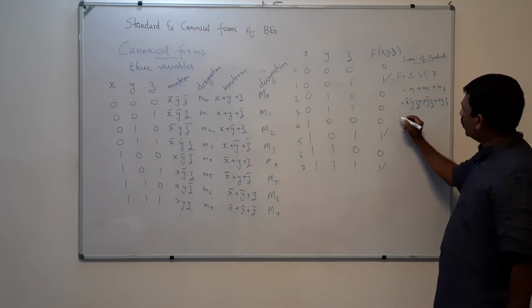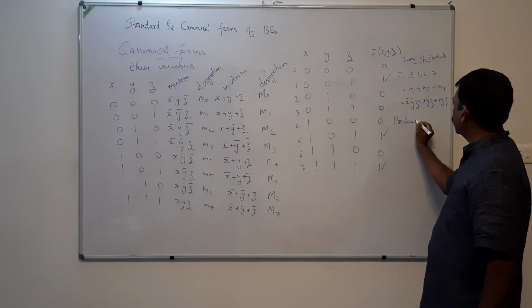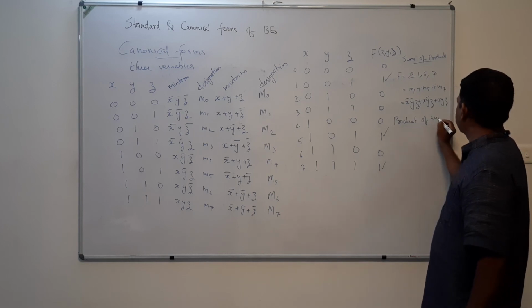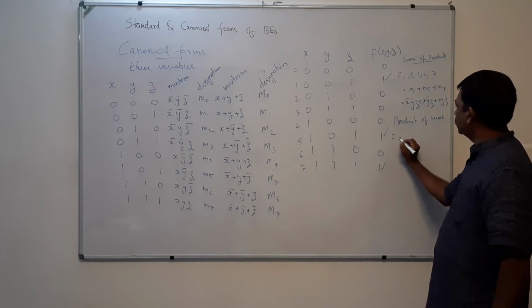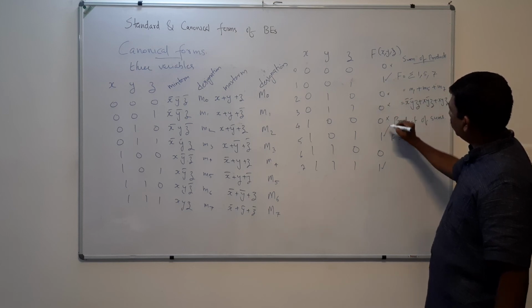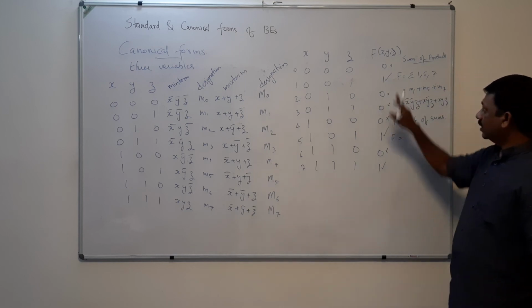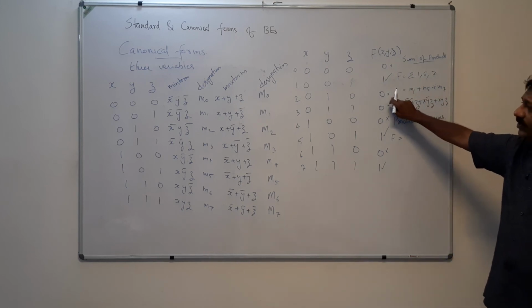And if you want the product of sums form, in that case you have to select all those zeros. Here, 5 zeros are there. And the max terms corresponding to those have to be selected.